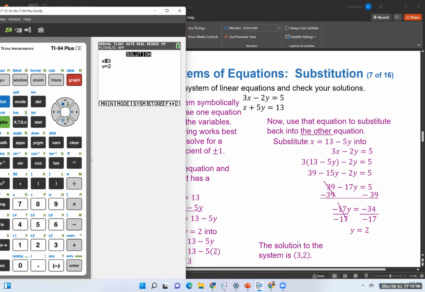I have a quick question. Yes, ma'am. Will there ever be a time where we have to find the value of y or the value of x? So I think what you're asking is, will they just ask you for one of them, or will they give you a partial equation and you have to solve for the second part?